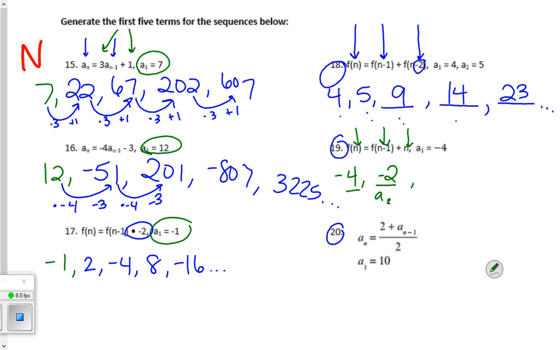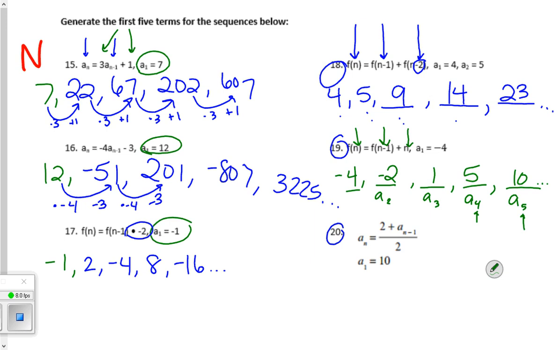Okay? Well, now I'm looking for a sub 3. That means the third number. So I'm going to take my previous number and add 3. Okay? Now I'm looking for a sub 4, so my n is 4. I'm going to take my previous number and add 4. A sub 5. 5 is now my n. So I'm going to take my previous number and add 5, etc., etc.